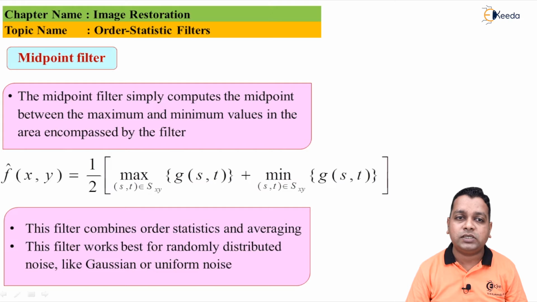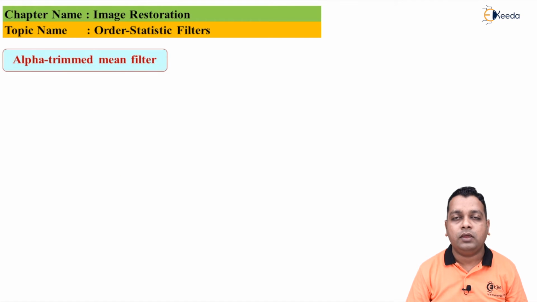Order statistic filters are inside the square bracket, and outside the square bracket, as we are taking half, it is averaging, a mean type of filtering. So it is a combination of the two. This filter works for randomly distributed noise like Gaussian or uniform noise.